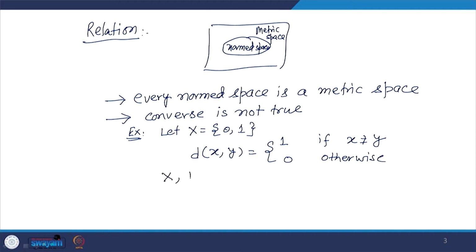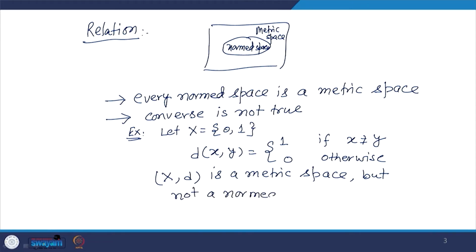Then X together with d is a metric space but not a norm space. You can verify it by using the definition.